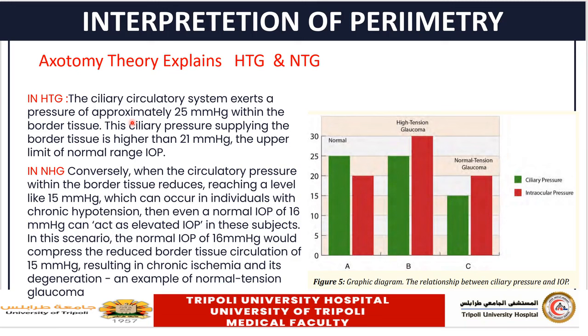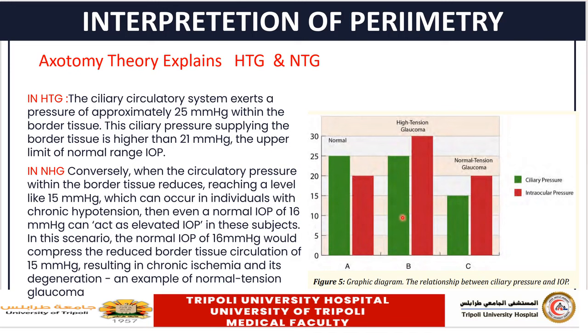When the intraocular pressure is, for example, elevated to 26 or 27 millimeters of mercury, this will result in a decrease in the blood supply and the perfusion pressure, and accordingly there will be degeneration and changes in the border tissues, and in turn the lamina cribrosa. As seen here in this diagram, this is the normal ciliary pressure, which is around 25 millimeters of mercury, and this is the normal intraocular pressure, around 21.